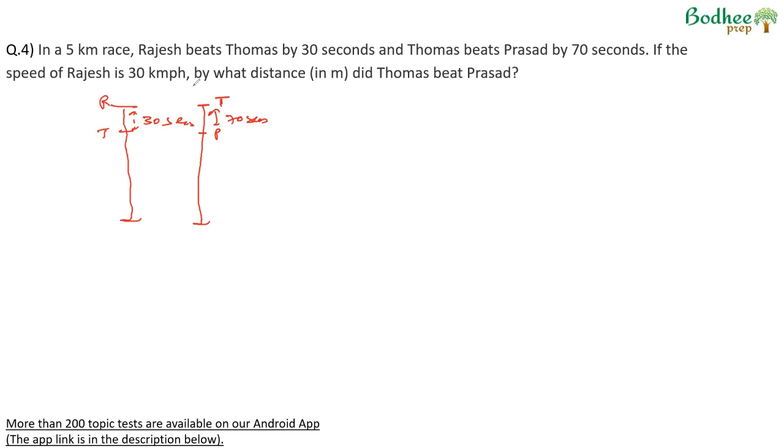It is a 5-kilometer race. Now, if we look at the time difference between Rajesh and Prasad, that will be 30 plus 70 seconds, that is 100 seconds. So when Rajesh reaches the end point, Prasad will take another 100 seconds to reach.